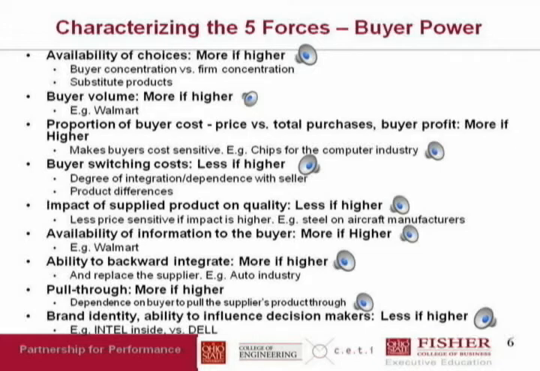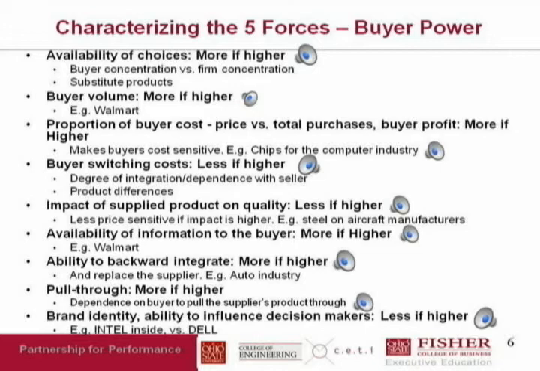Walmart has all kinds of information about how much it actually costs the supplier to make something, and that allows Walmart to negotiate very hard because now Walmart has more complete information. It's the same when you go and buy a car. If you know the price that the car dealer paid the manufacturer, then you can negotiate much harder on price.